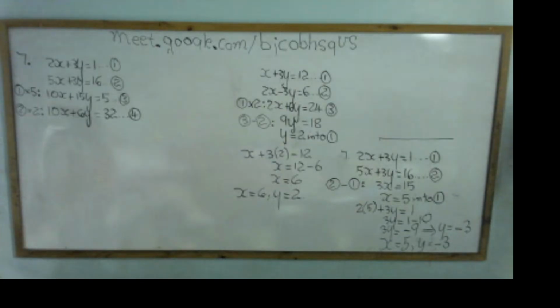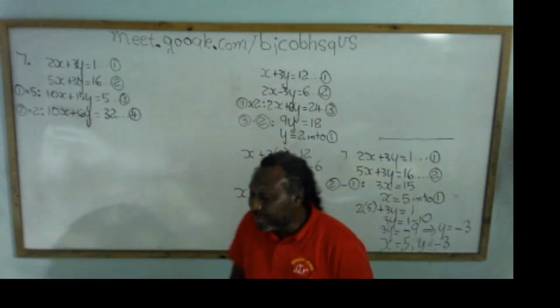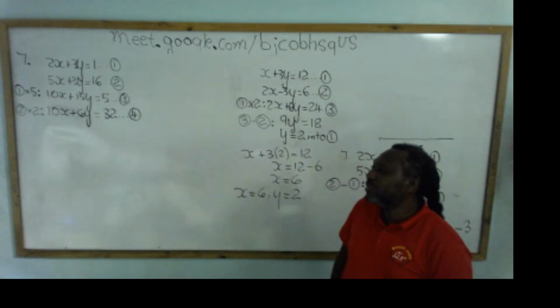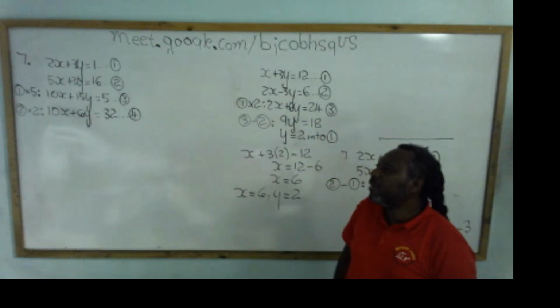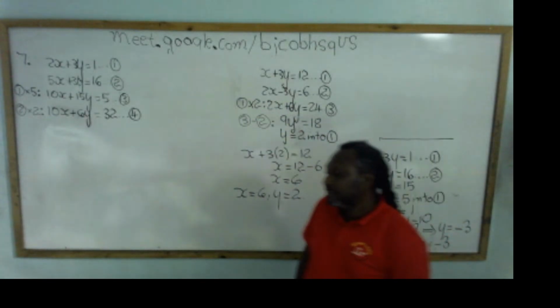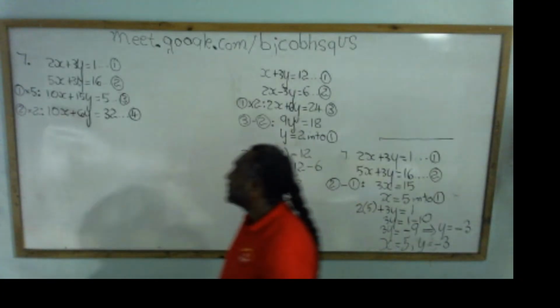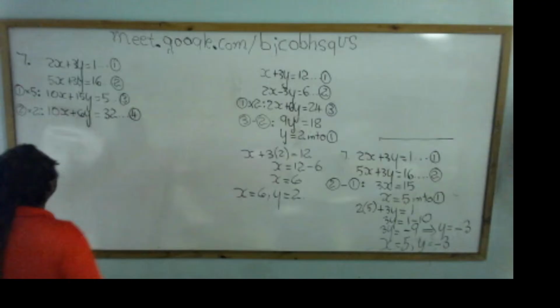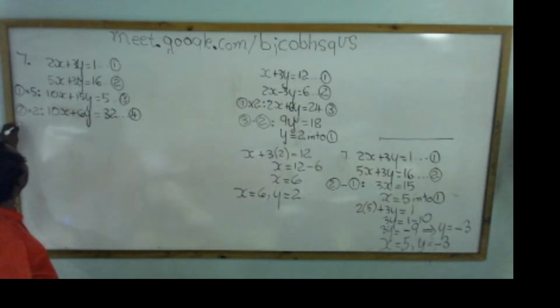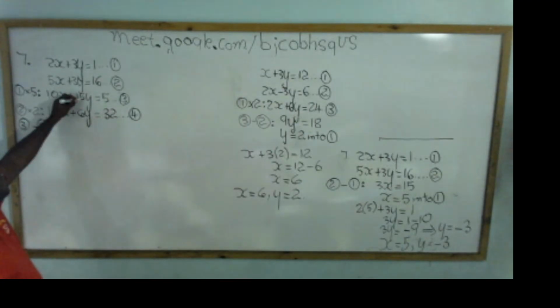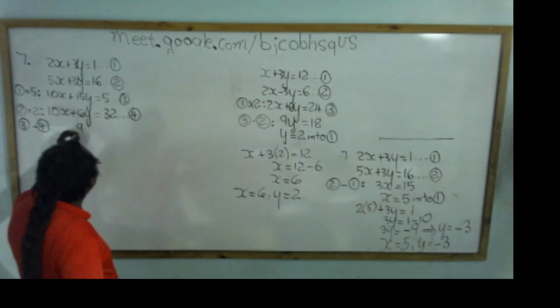I'm going to subtract in such a way that the coefficient of the unknown is positive. So I will therefore say equation 3 minus equation 4. Of course the x's are gone. 15y minus 6y, 9y, and that is equal to 20.